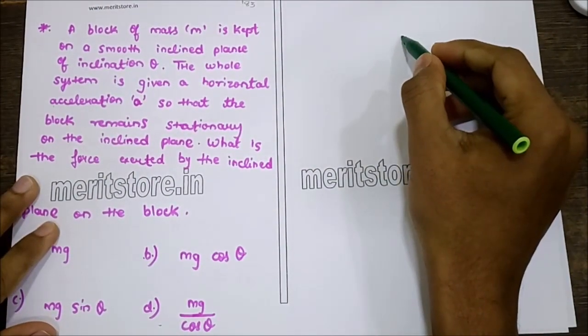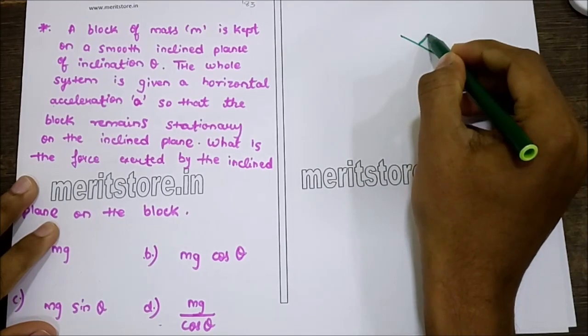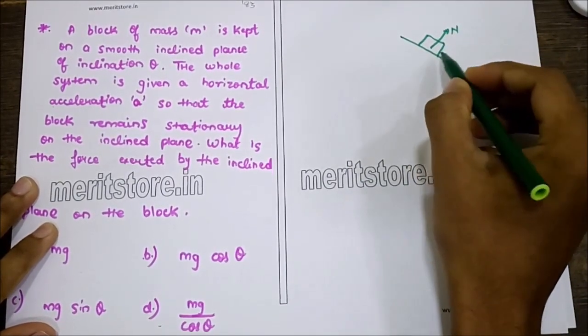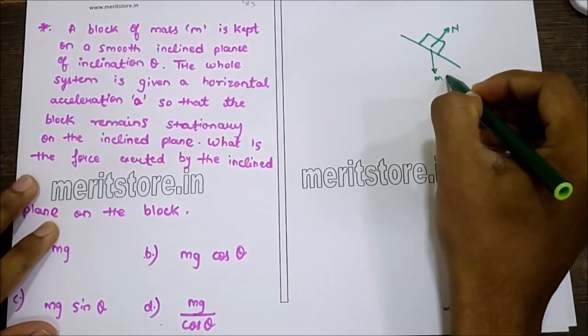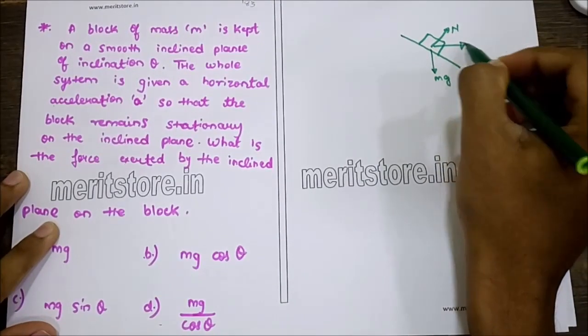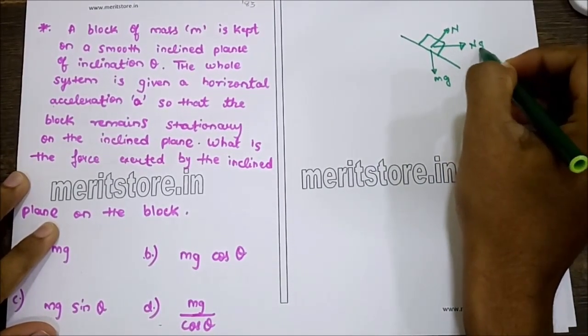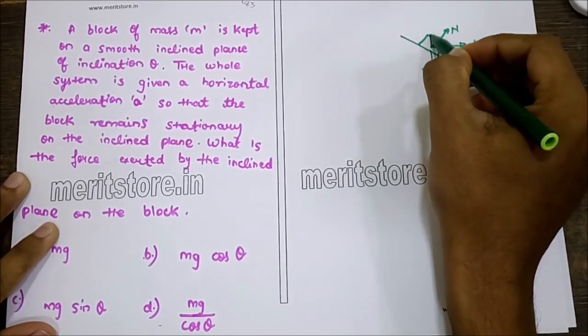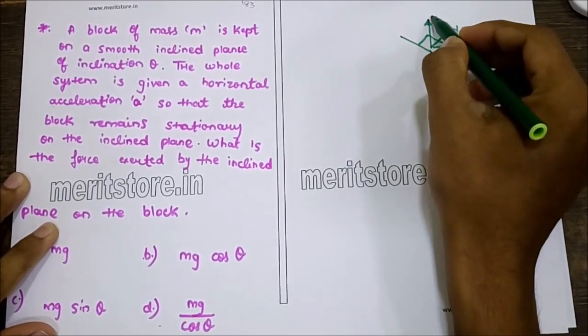Let us draw the diagram. This is the block having a normal reaction N and a force mg. The normal reaction N can be resolved into two components, N sin theta and N cos theta.